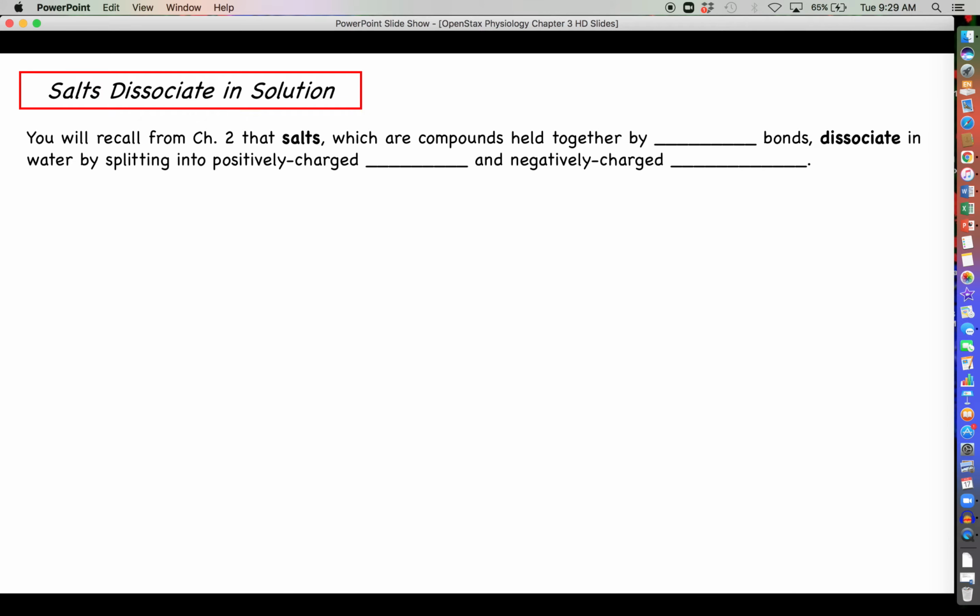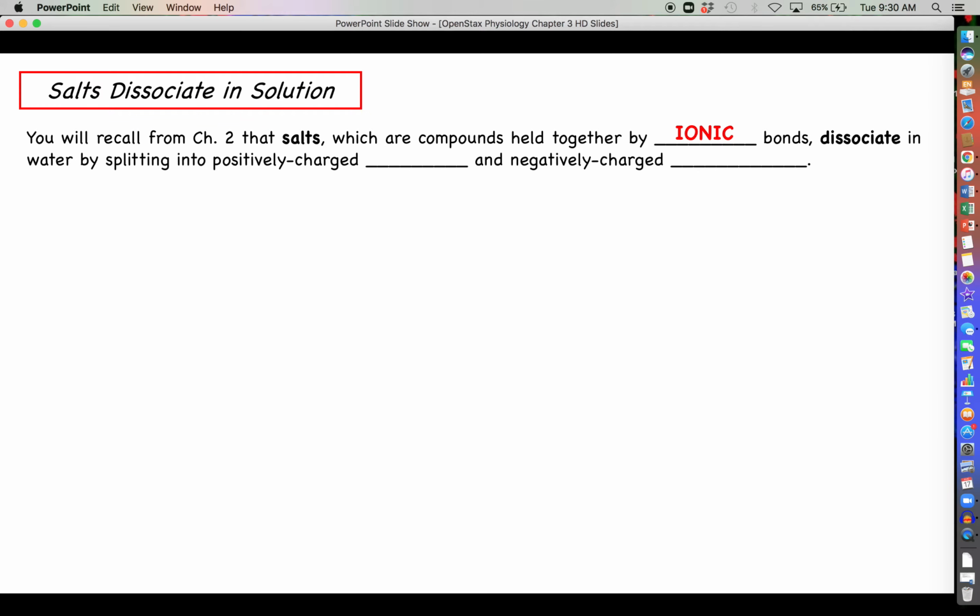Okay, so let's talk about something special that you're going to have to do if you are dealing with a salt in osmolarity calculations. Recall from Chapter 2 that a salt is a compound that is held together by ionic bonds. And we know that if you dissolve a salt into water, that salt is going to become dissociated.